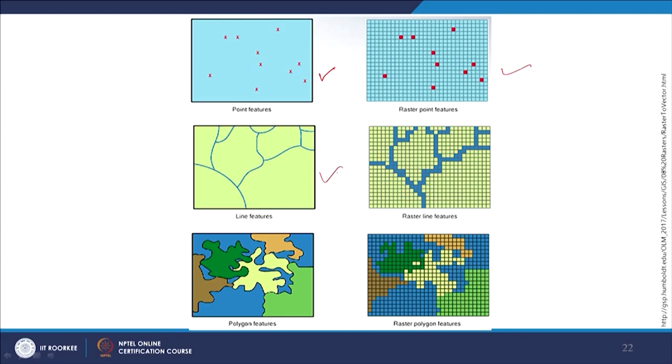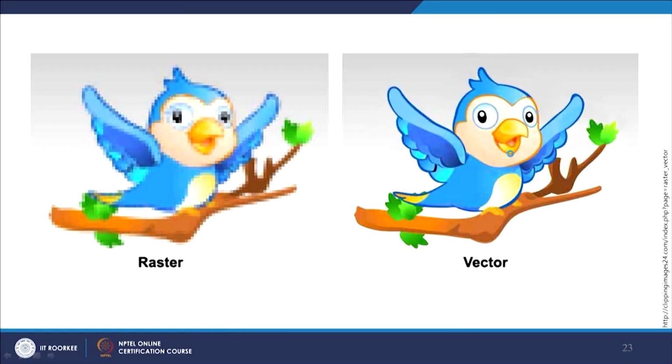If I convert line features to raster line features, again I will have this jagged or stair-step issue. And if I convert polygon to raster polygon, I have boundary problems and spatial resolution problems with raster data. So, both models, raster and vector, have various advantages and disadvantages.